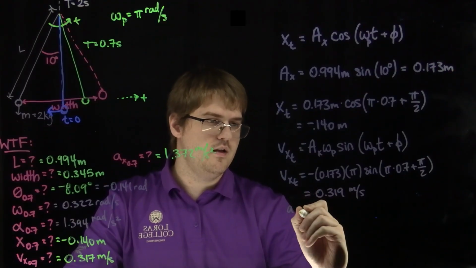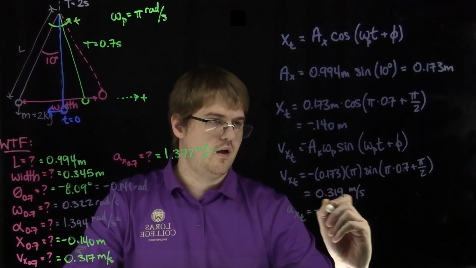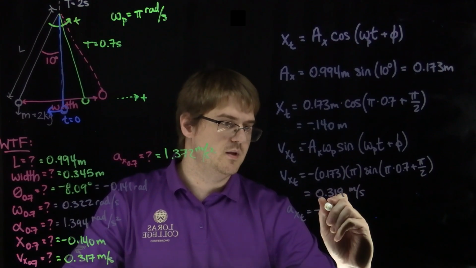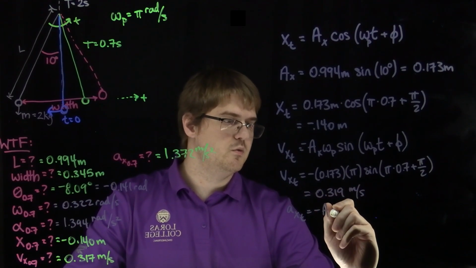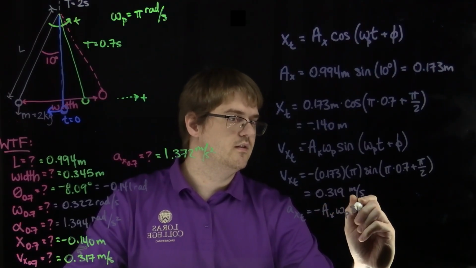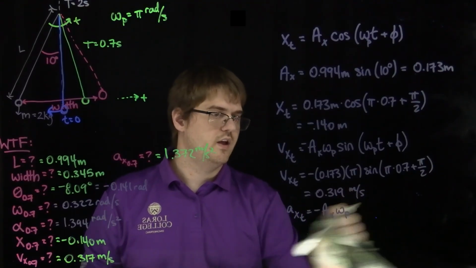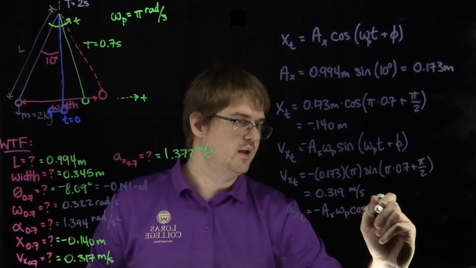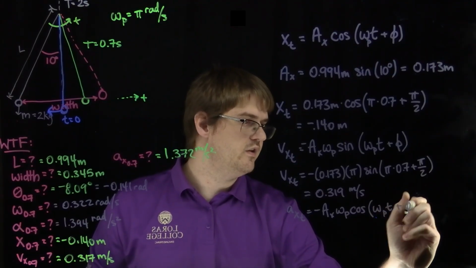And in the same way, my acceleration in the x at any time, I'm just switching my alpha for acceleration in the x at a time. It's going to be negative instead of my a theta, I'm using ax, omega p times these. That is not sine, that should be cosine of omega p times t plus phi.